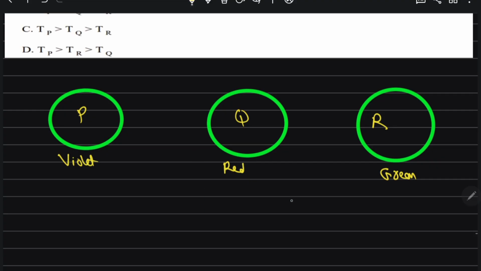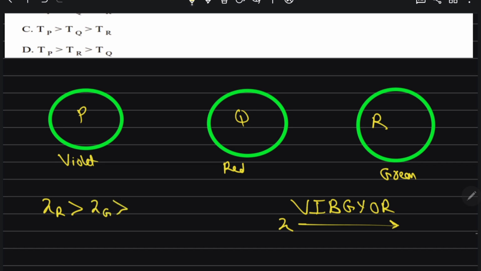We know VIBGYOR, so wavelength increases in this way. The wavelength of red is maximum, then orange, yellow, green, and green is greater than violet.